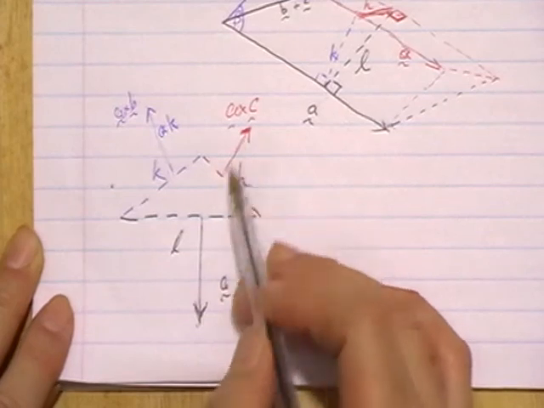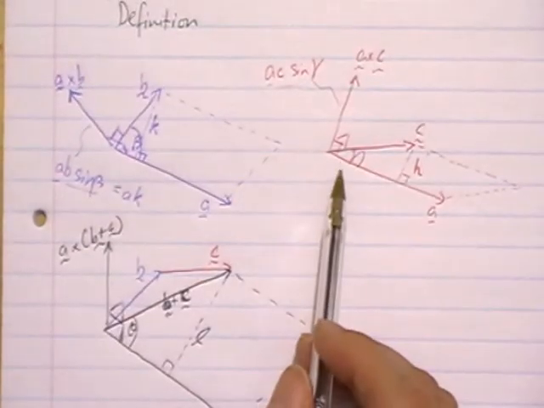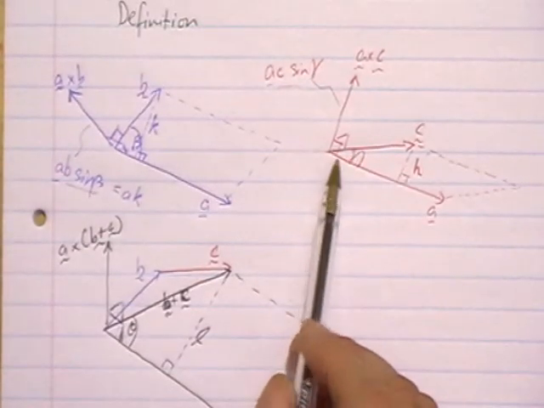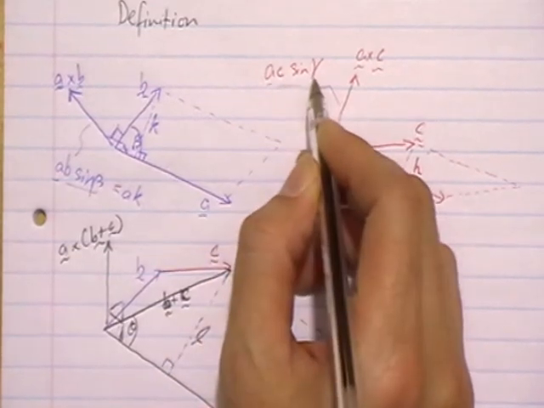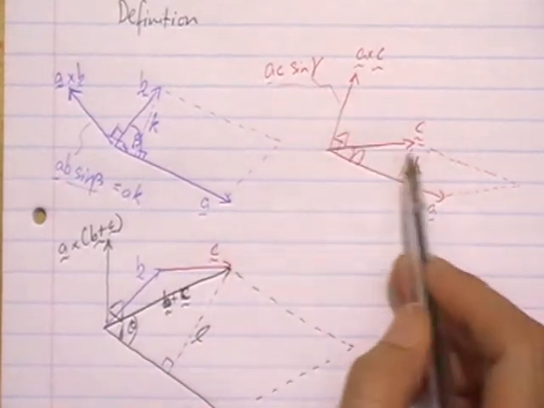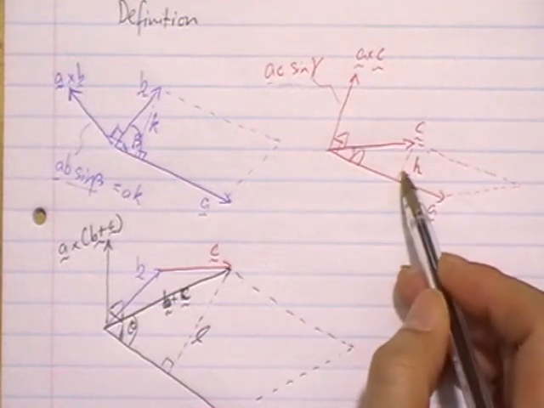And likewise, for A cross C, if we look back at the second figure, see that C sine gamma is the height of this parallelogram.